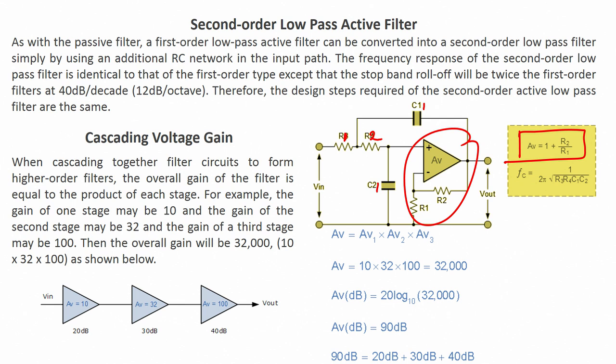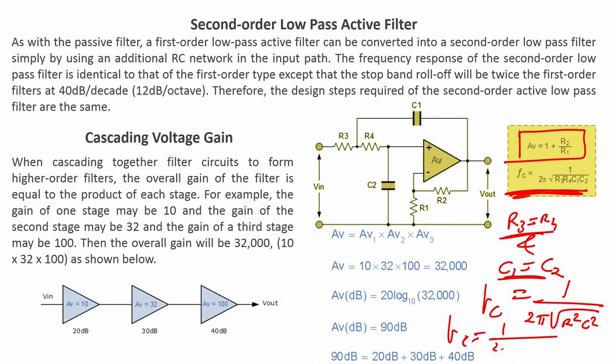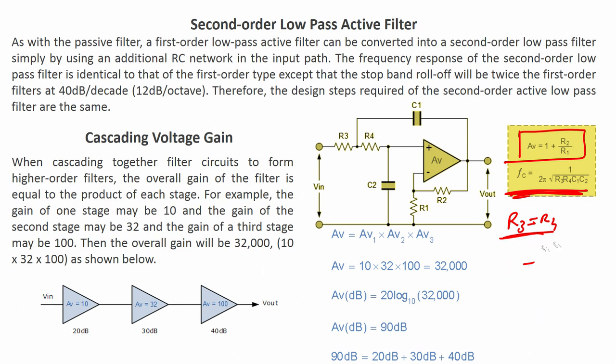Now, if R3 equals R4 and C1 equals C2, this formula will become 1 by 2 pi under root of R square C square. So, that means FC will be nothing but 1 upon 2 pi RC, which is similar to my first order low pass active filter. The critical frequency formula becomes similar to my first order low pass active filter.